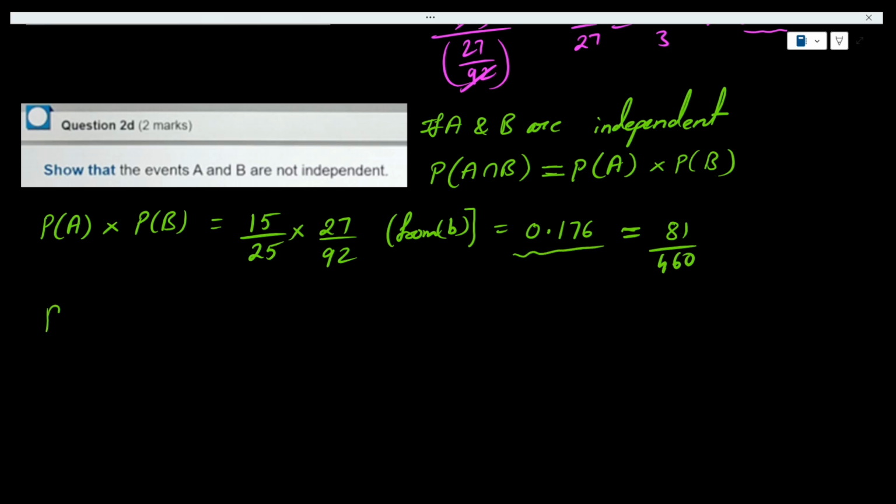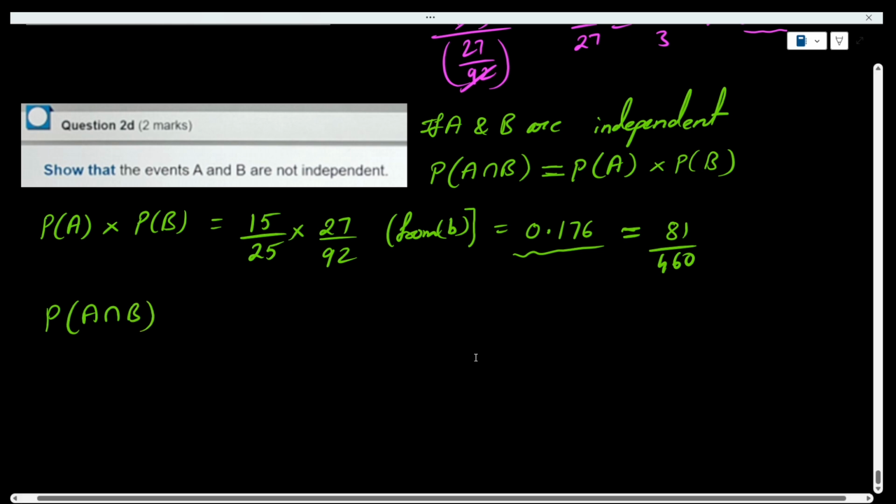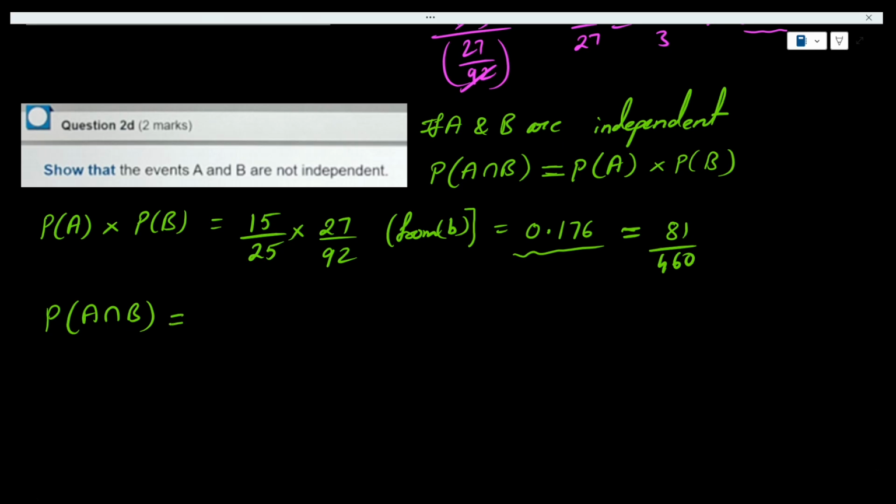Now let us take P of A intersection B. What is A intersection B here? A is selecting one white chocolate, so here I need white. Intersection means it's going to be the AND rule.